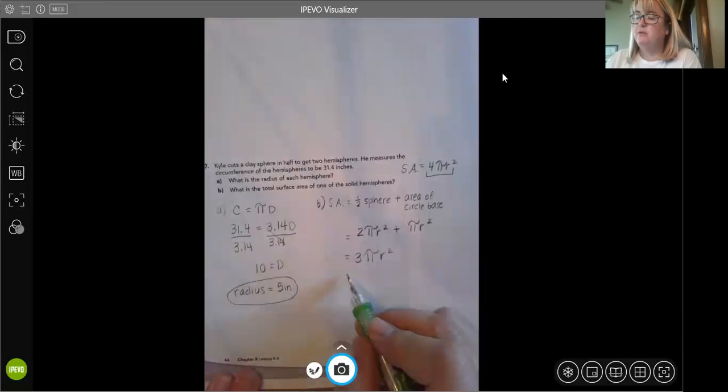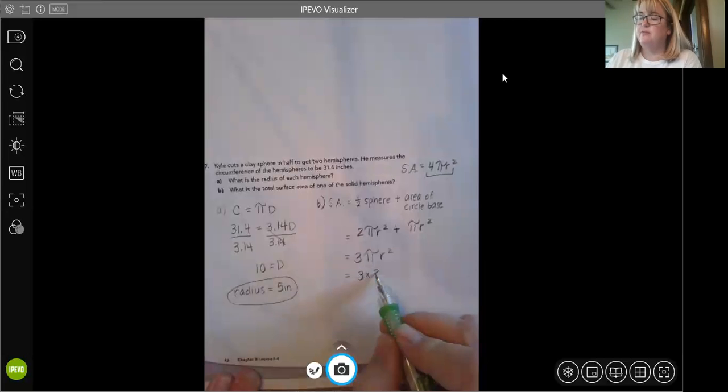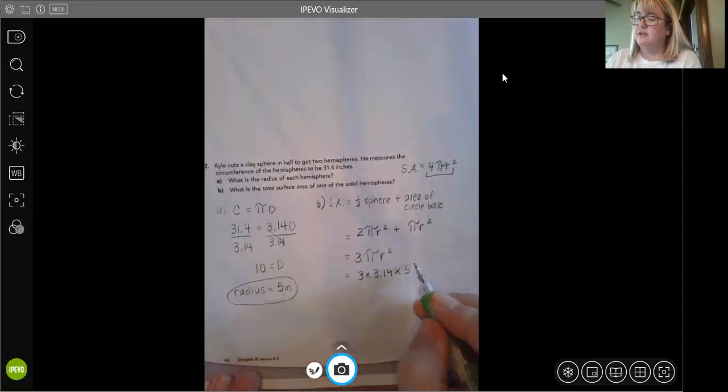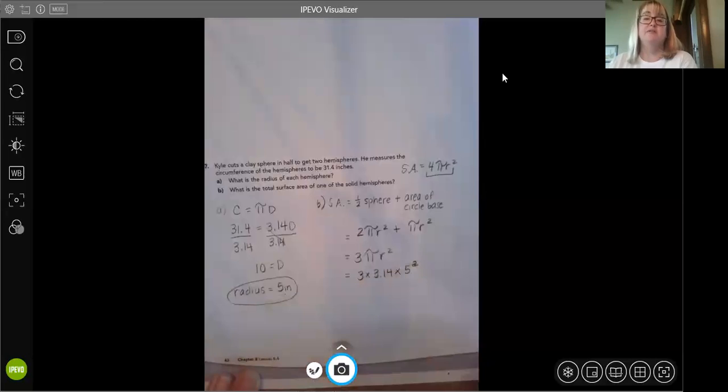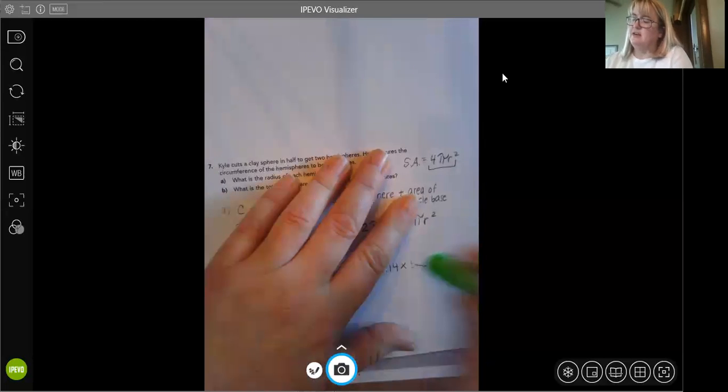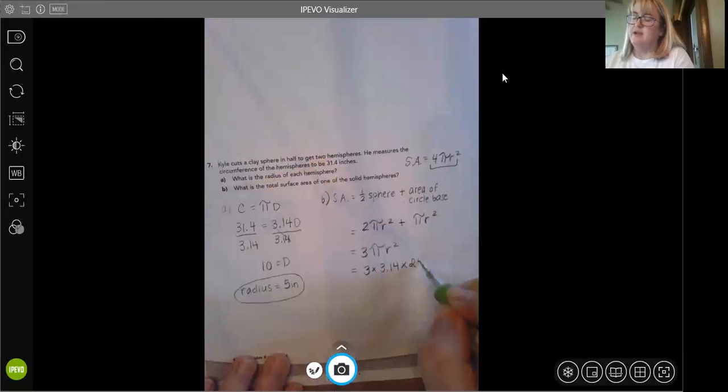And let's put what we will put in our calculator. We're going to do 3 times pi, we're using 3.14, times the radius, which is 5, squared. 5 squared is 25. I'm just going to substitute 25 for that because we can do that in our head. All right, so let's take our calculator.